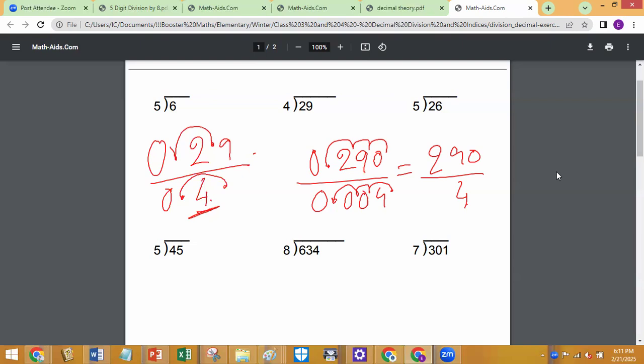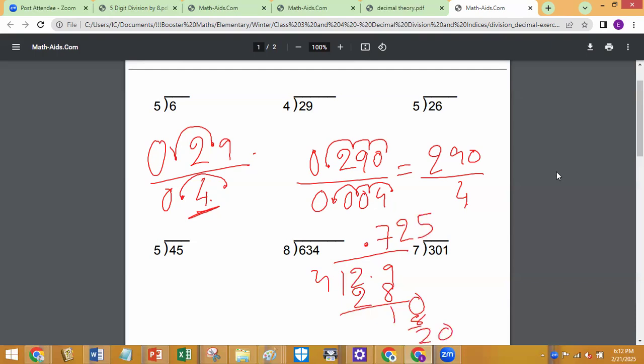So now you can do 2.9 divided by 4. 2 is less than 4, so you take the decimal place and it goes into it 7 times, because now you have 28, 29. So 7 times it goes, remainder 1. Decimal is there, so we put a 0. 4 goes into 10 2 times, 8. Subtract it, and then we get 0.725.